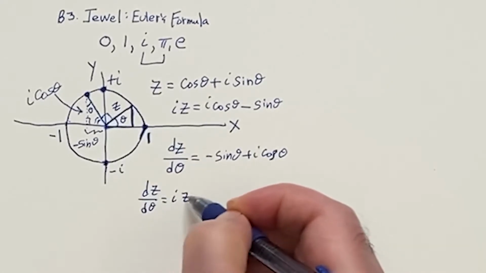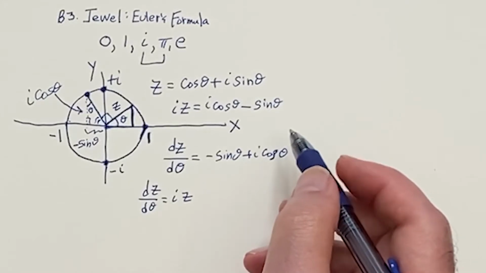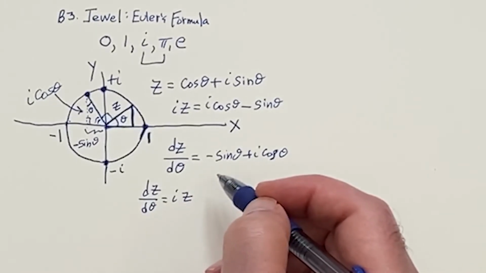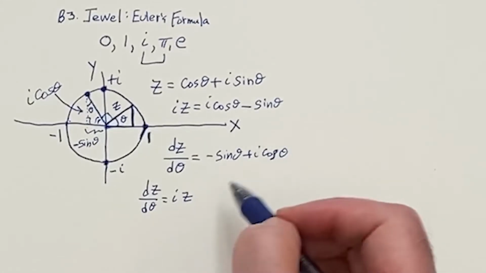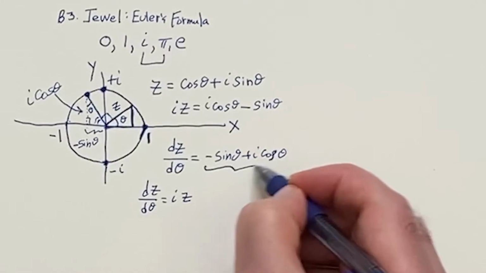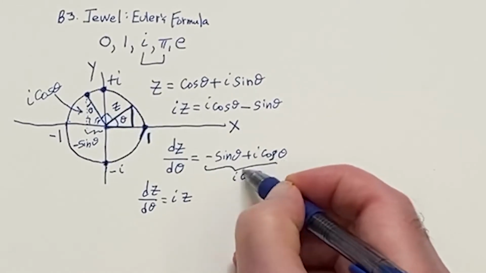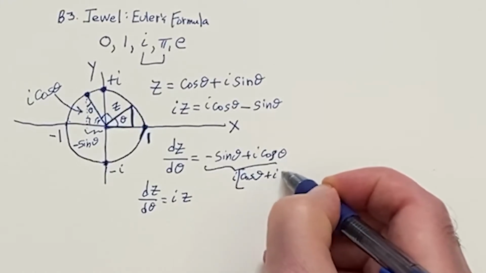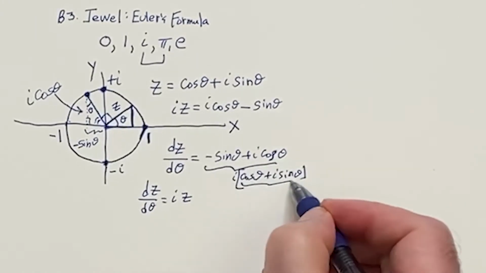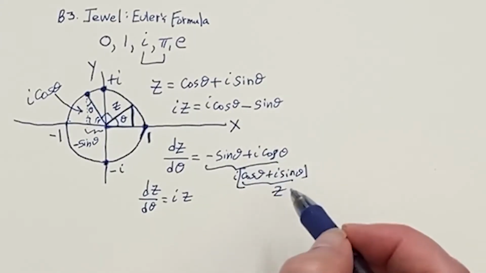But wait a minute, we just get the same thing back here with the i in front of it. In other words, i times the cosine of theta plus, and then if I pull that i out, i sine of theta. So what we're saying is that the derivative is i times the same thing.